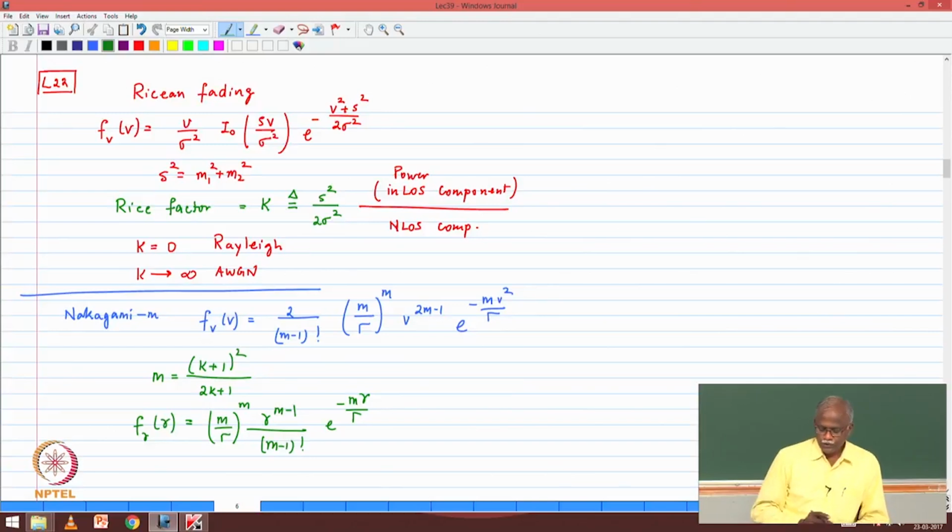Okay. So Rayleigh fading, Ricean fading, Nakagami-m fading, all of them have different ways of understanding and being able to work with the fading channel.